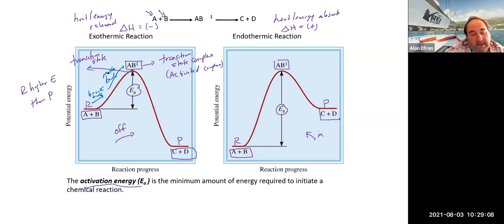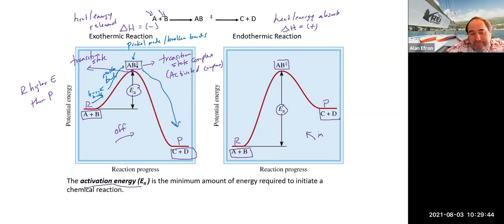So breaking bonds, making bonds. And when we get up to the very top in terms of energy, we oftentimes have partially made and broken bonds happening. So we have this transitioning happening, which is why it is referred to as the transition state. We're starting to break apart the bonds, but trying to make some of our new bonds along the way. And then usually very fast, it drops down the hill to our products on the other side.